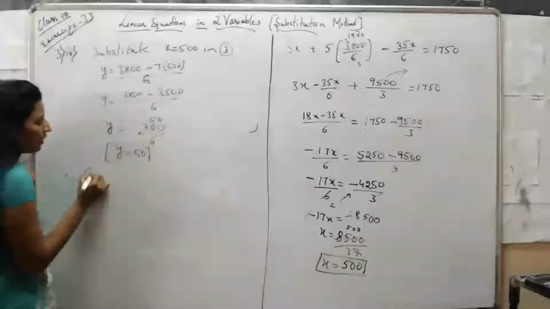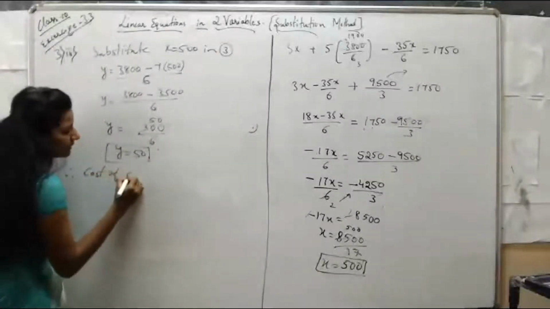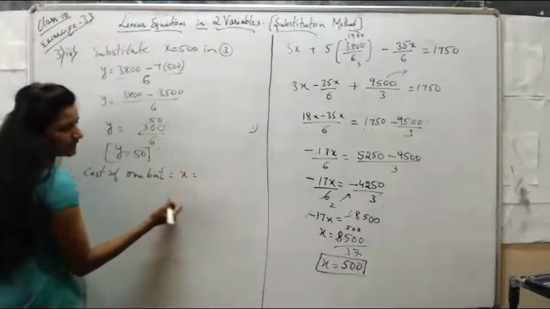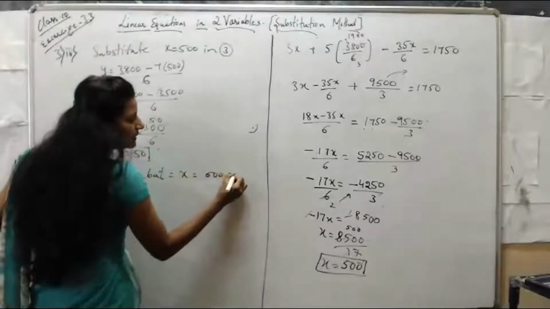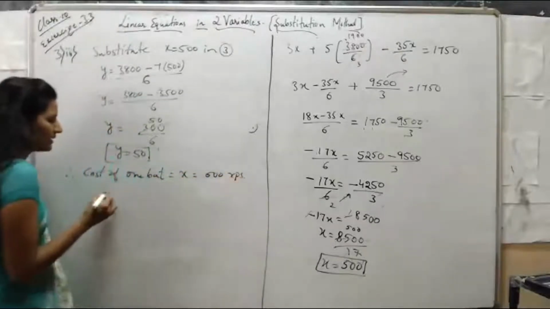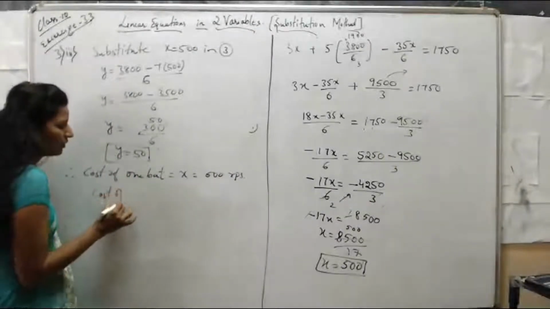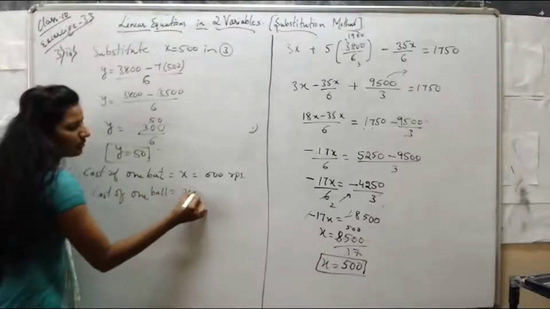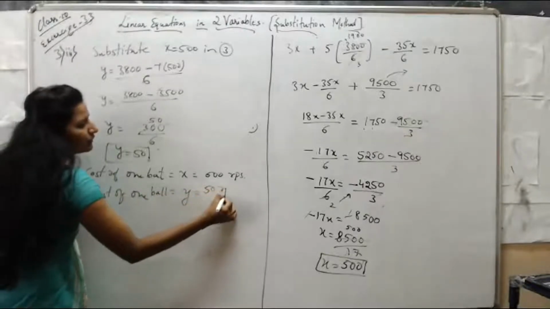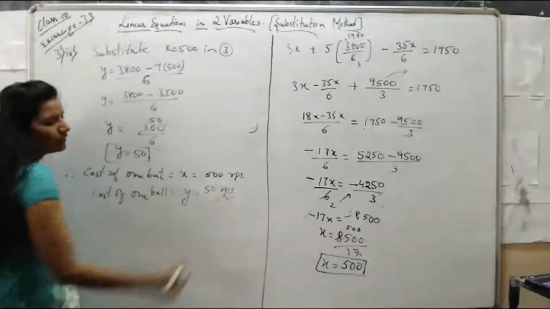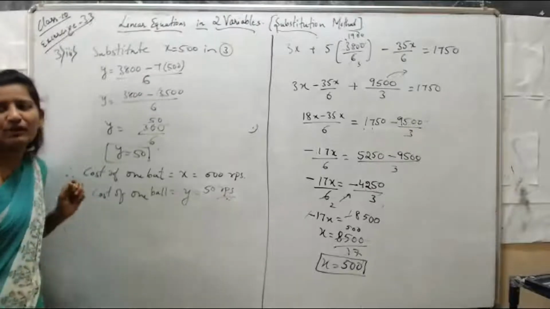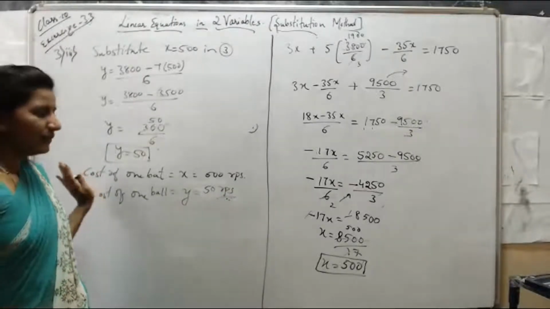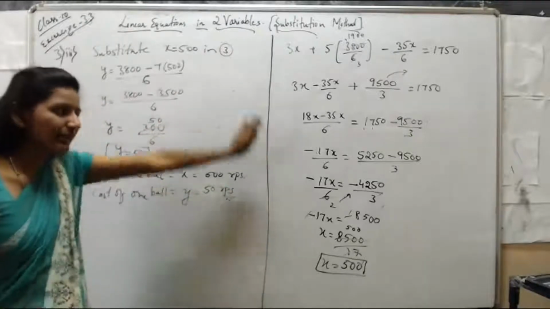Therefore, cost of one bat is x, which is equal to 500 rupees, and the cost of one ball, that is y, is equal to 50 rupees. Understood? Okay. The same procedure, but the simplification is lengthy.